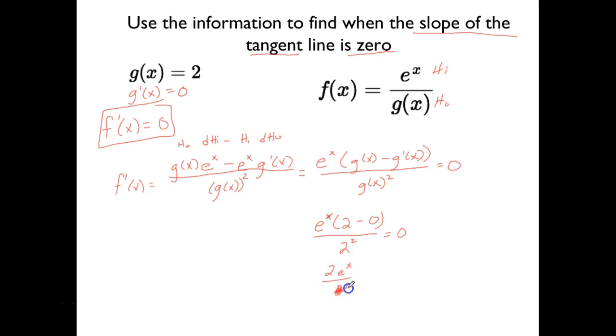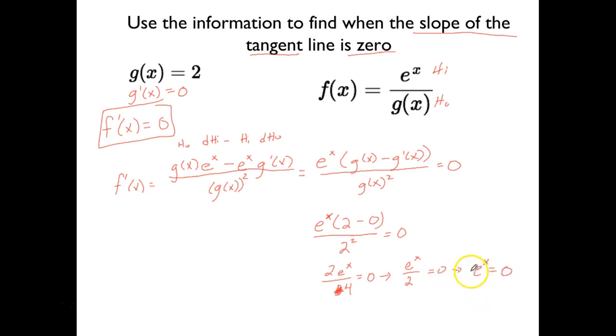So I'm going to rewrite that as 4 equals 0. Well, that's the same as e to the x over 2 equals 0. I just simplified the 2 and the 4. Okay, let's multiply the 2 over. Well, that's going to give me e to the x equals 2 times 0 is still 0.